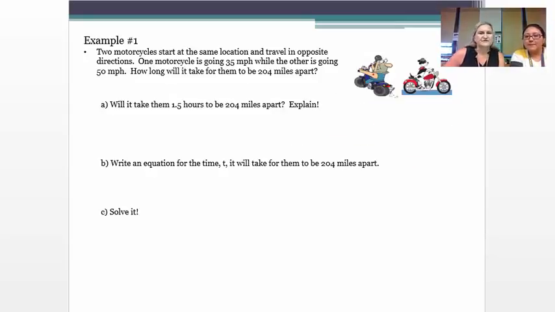So we have 2 motorcycles that start at the same location and travel in opposite directions. So here are my 2 motorcycles. Okay, so one motorcycle goes in one direction and the other one goes in the other direction.